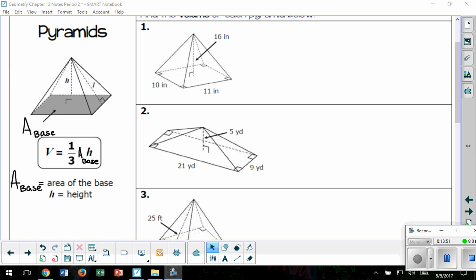If I fill up this pyramid with water, pour it into the cube, how much did I fill up the cube? 1/3. I filled up 1/3 of that cube.